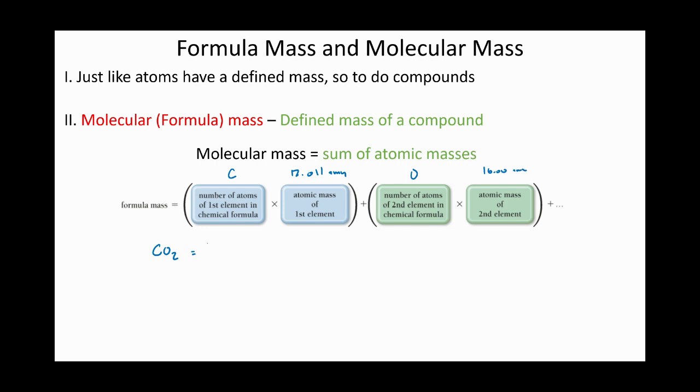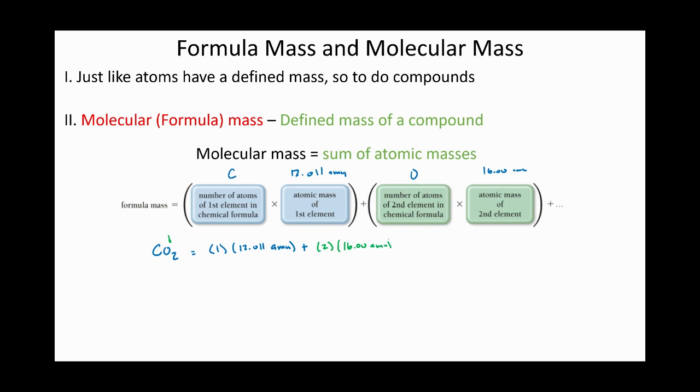You can say I have one carbon, and I'm going to multiply that by its atomic mass of 12.011 atomic mass units. And then to that, I'm going to add, and I'll switch colors to green here to match the scheme we have above, the two oxygens I have, multiplied by their atomic mass of 16 AMU.